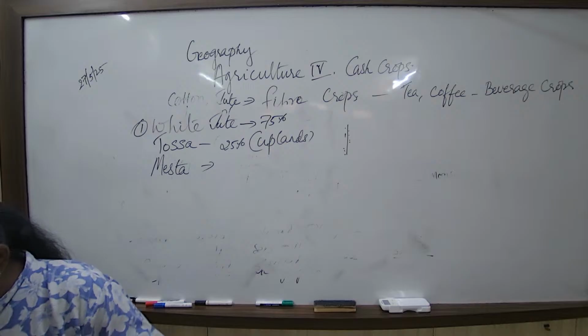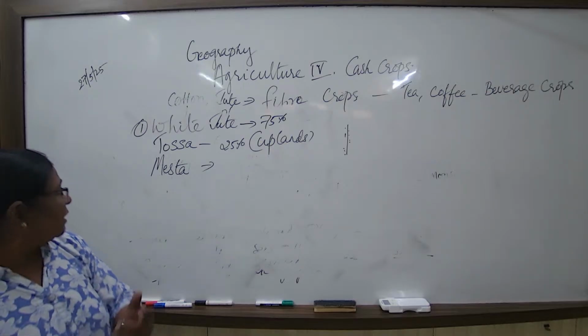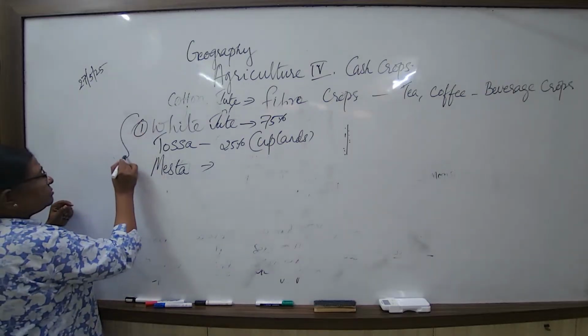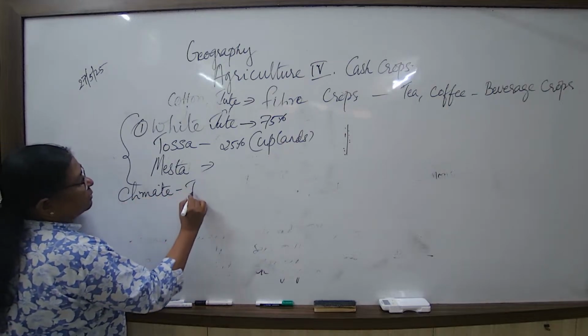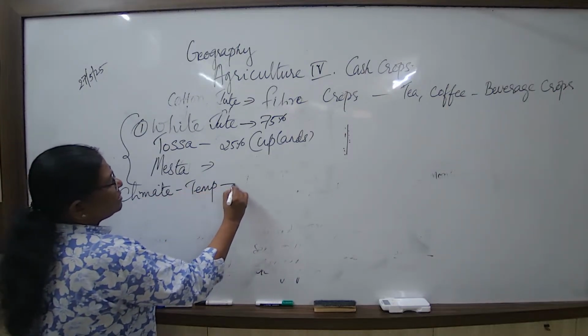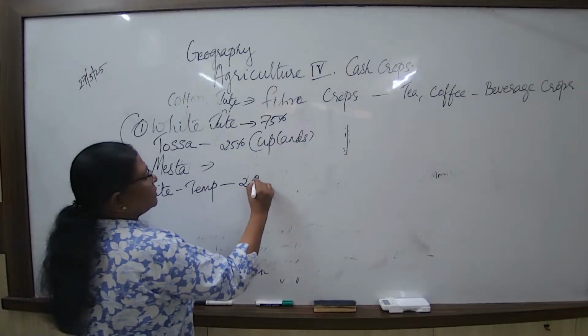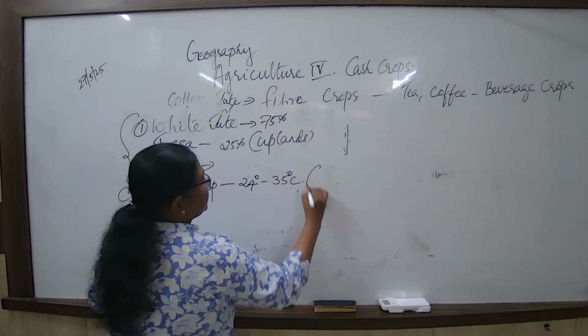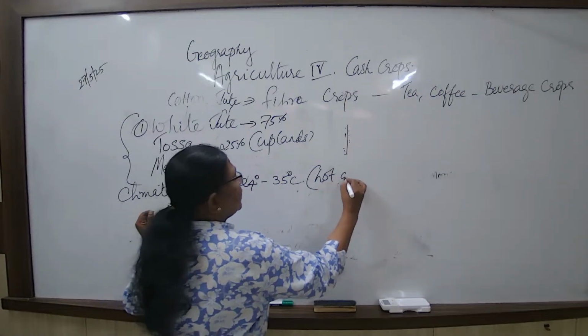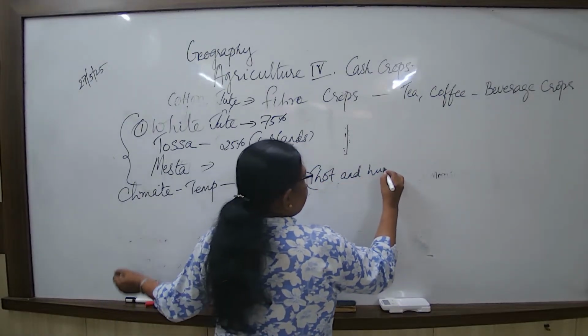Clear? Let us see what the climatic conditions are. Now you tell, what is the temperature requirement? 24 to 35 degrees Celsius. It means a hot and humid climate is required.